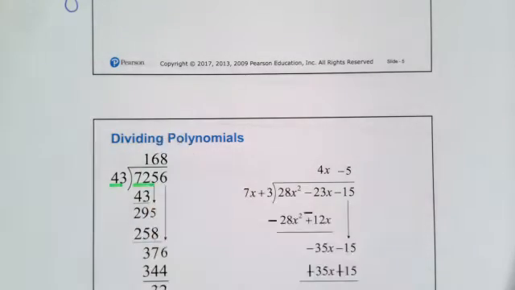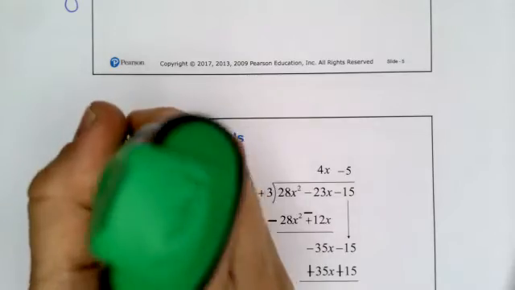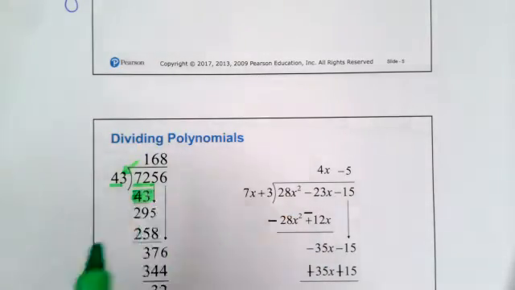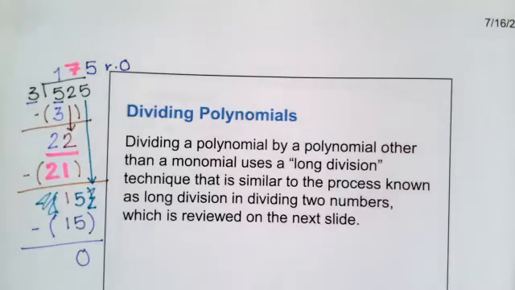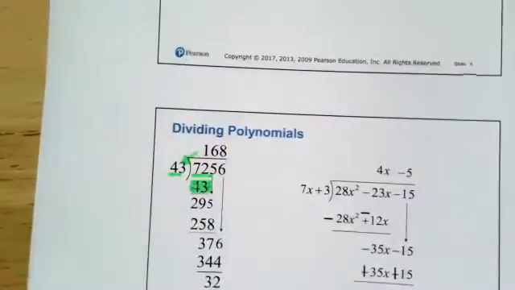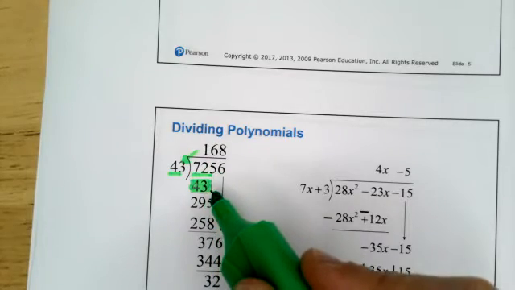We're going to take that 1 and multiply it by the 43 and put it exactly below the 72. I'm just giving another example, just like 525 divided by 3. 1 times the 43 is 43. 72 minus 43.